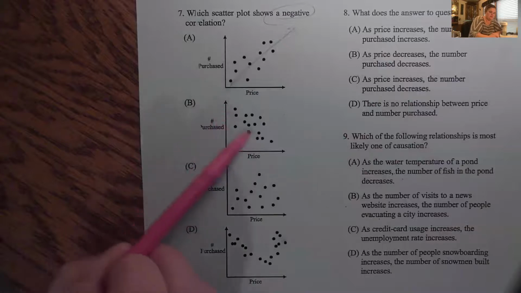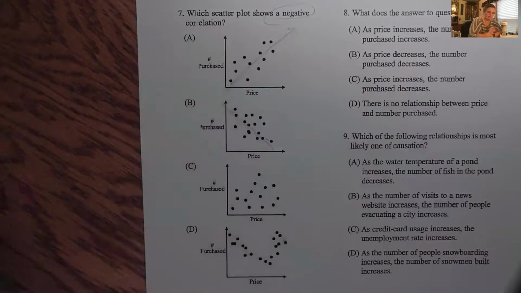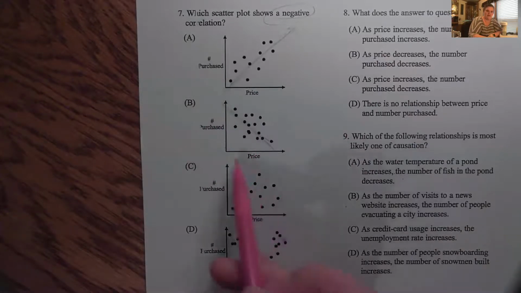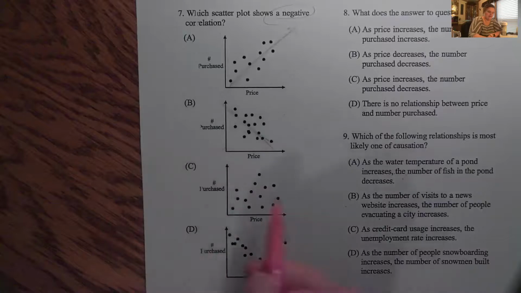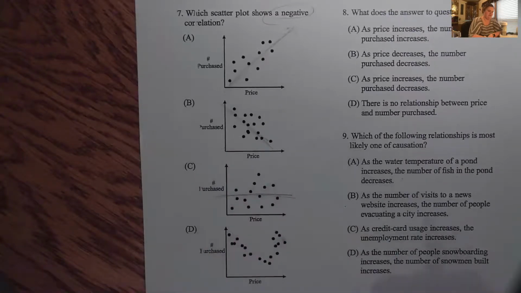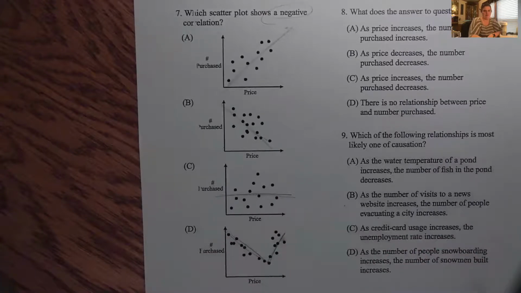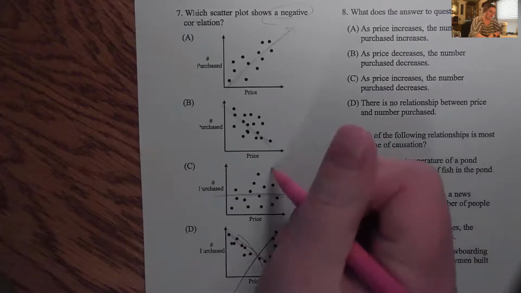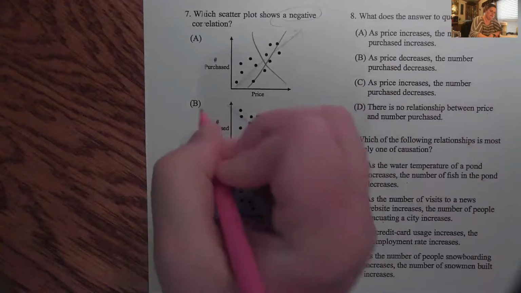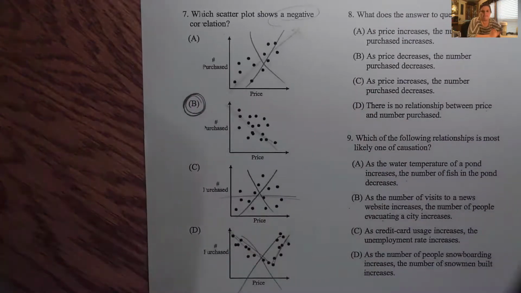This one looks like it could be going downhill. This one, I don't feel like I can draw any line because it doesn't look like anything's consistent. And then this one's going down and then it's going back up. So I can't use that one. It's not positive, so it must be B.